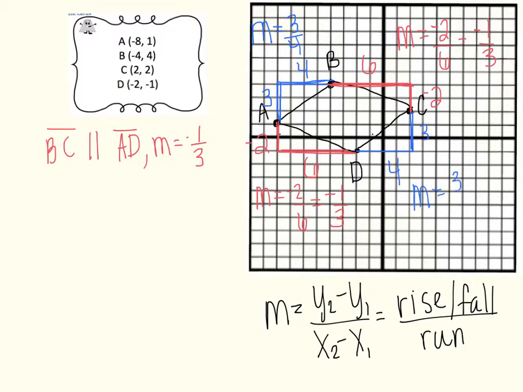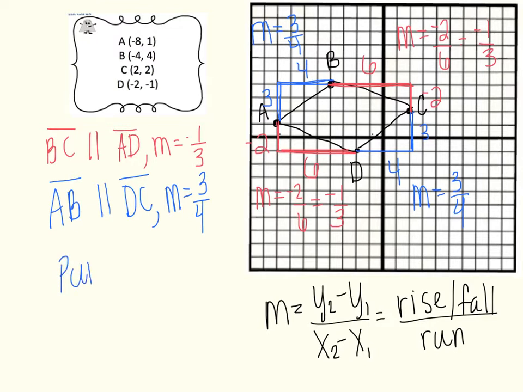So I also have a slope of 3/4. So I can say that AB is parallel to DC, and I know that because they both have a slope of 3 over 4. Now that I have proven that opposite sides are parallel, I can definitely say that I have a parallelogram.